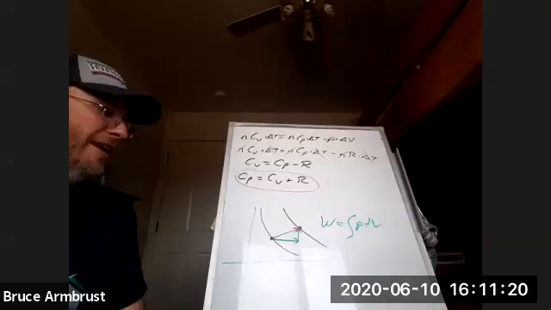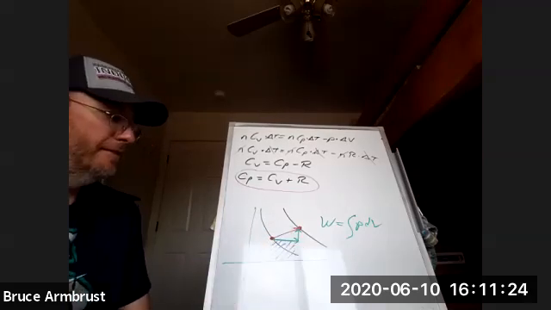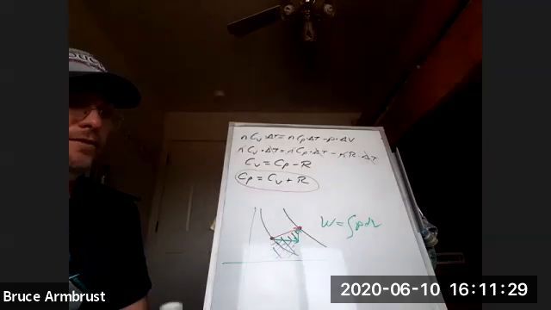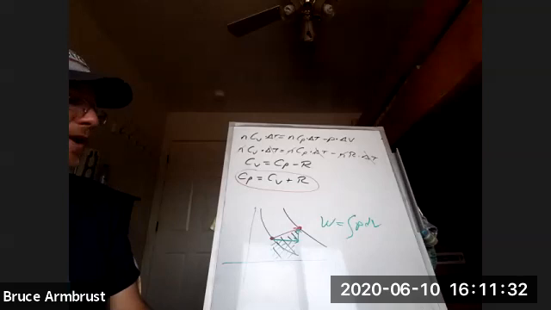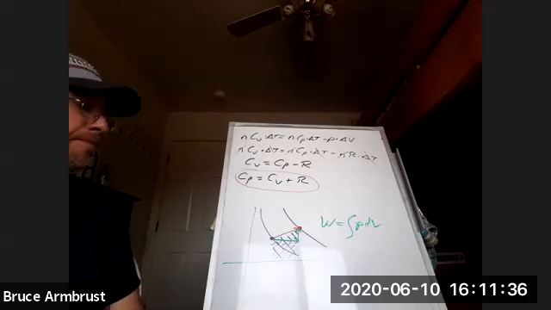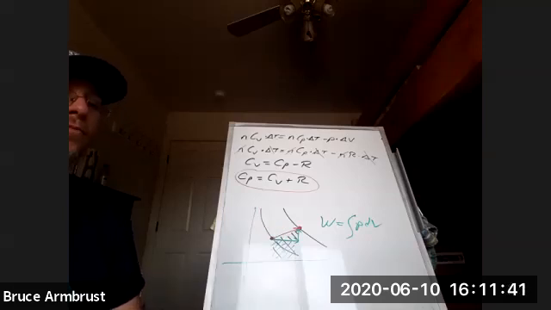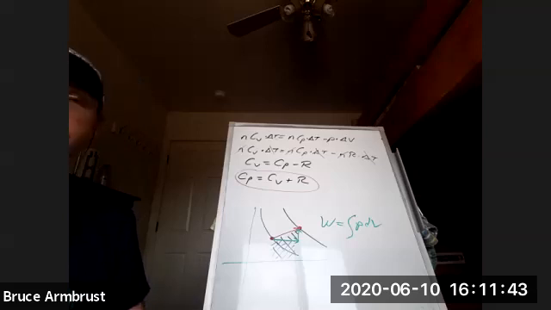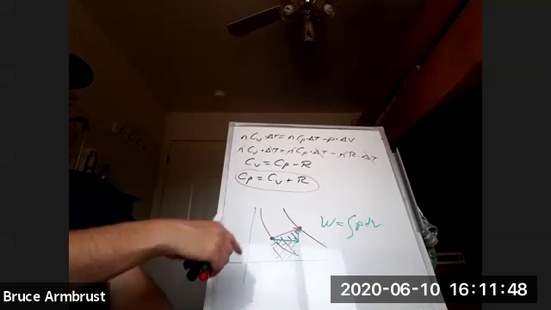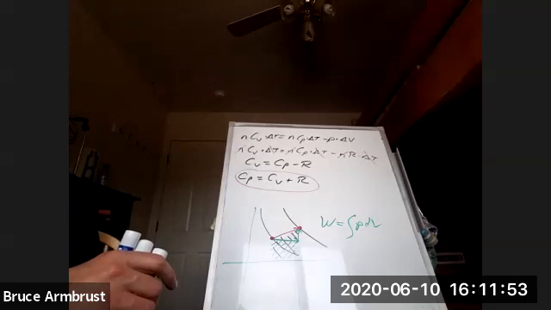So let's say areas. Here's the area under the green one. Here's the area under the red one. Right? So the red one actually does more work. And because it does more work, it's going to require more heat. Because if that change in energy is the same on either path, and the work increases on one, that means the heat has to increase on the other.